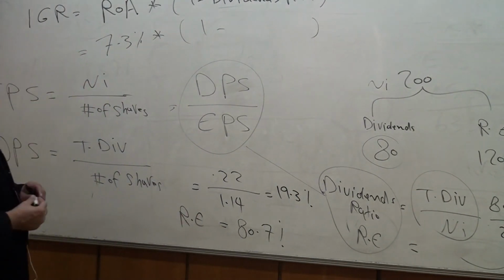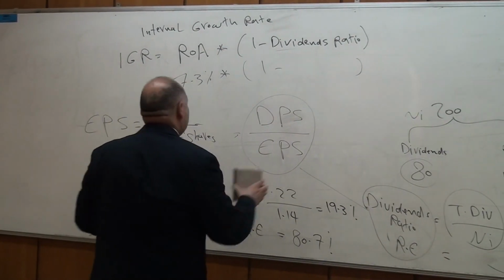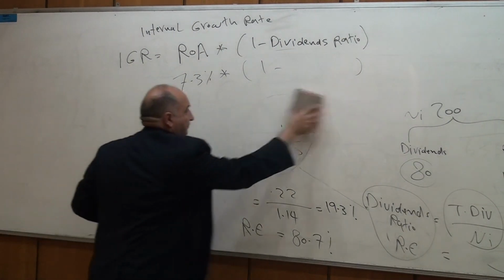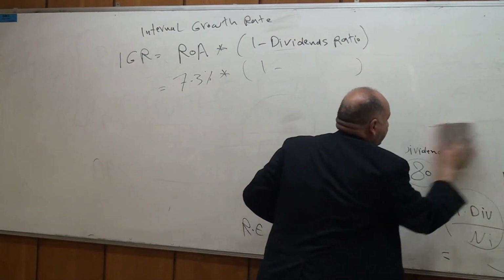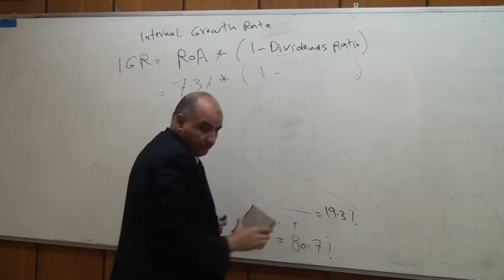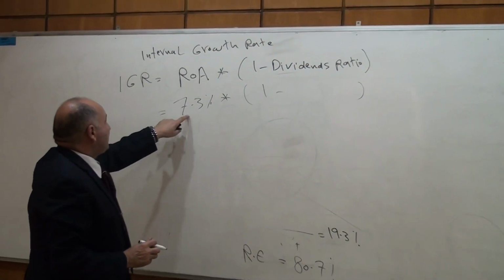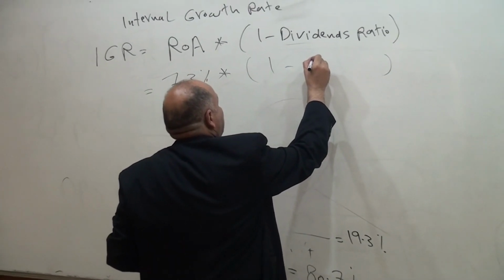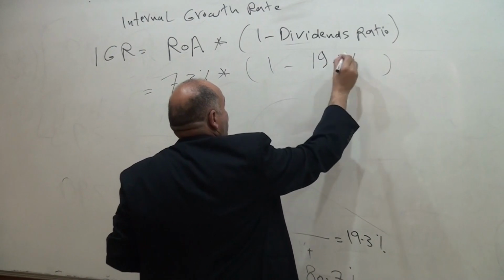Okay. So in our case, if we need the internal growth rate, it will be like this. In our case, ROA 7.3% multiplied by 1 minus the dividend ratio, and the dividend ratio was 19.3%.